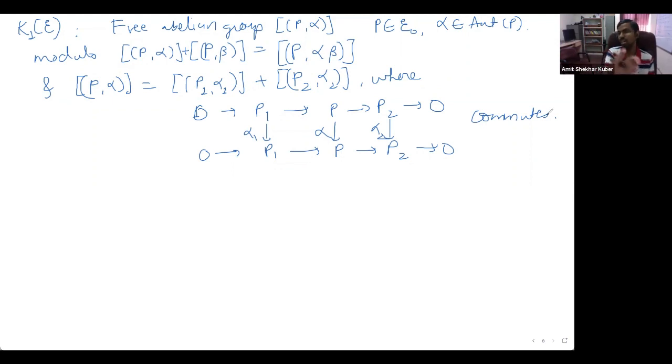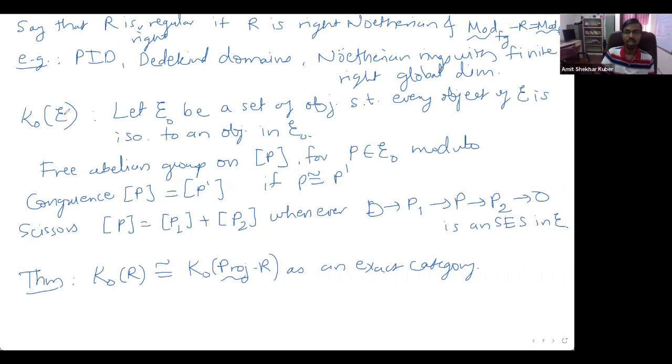And this presentation is very nice because it looks very much like K0 of E. Again, the theorem would say that K1 of E of a ring R is isomorphic to K1 of Proj R. Now, I made a point earlier that I'm not talking about E comma A, because it doesn't matter which ambient abelian category you are working in.